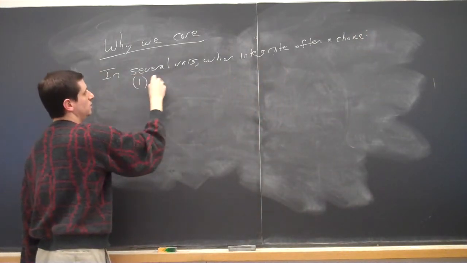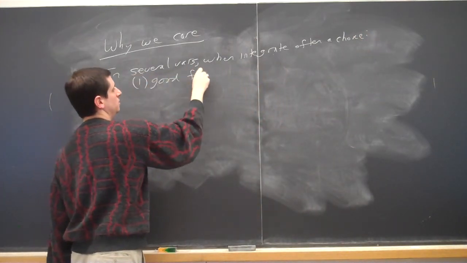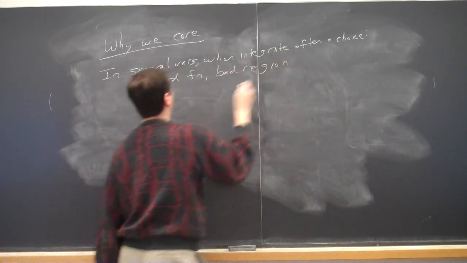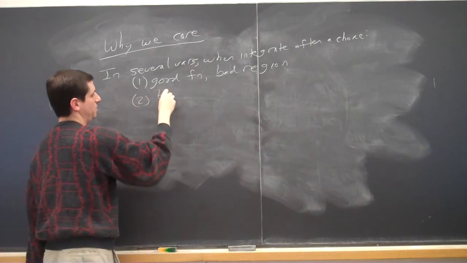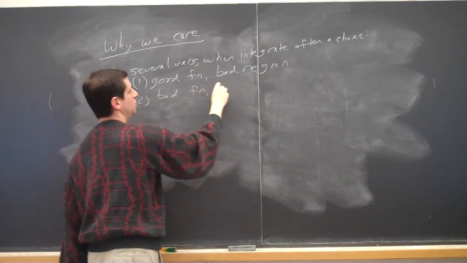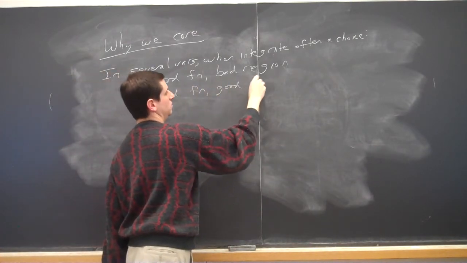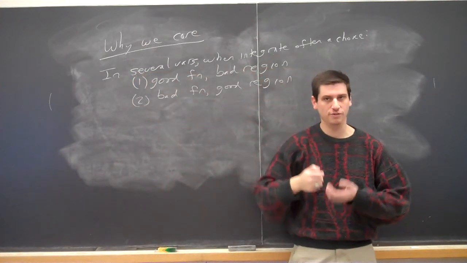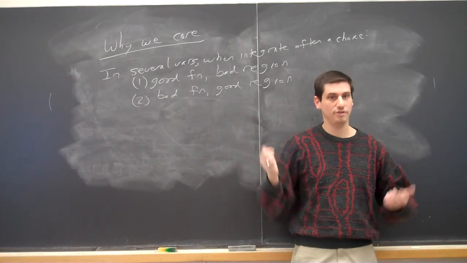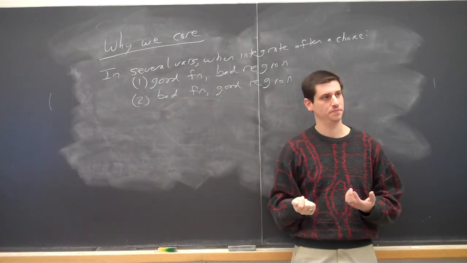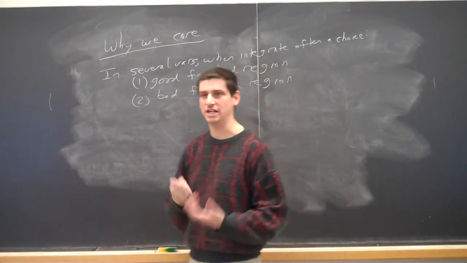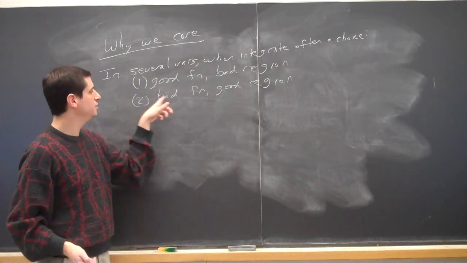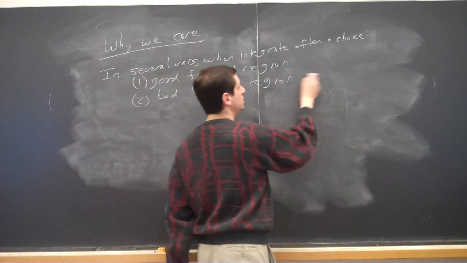One is a good function, bad region, or two, a bad function and a good region. So you can either have a complicated function over a very nice region, or a very nice function over a very bad region. You haven't done Calc 3 yet, so it's not clear which one is going to be better. It turns out you want two. Typically this is better.